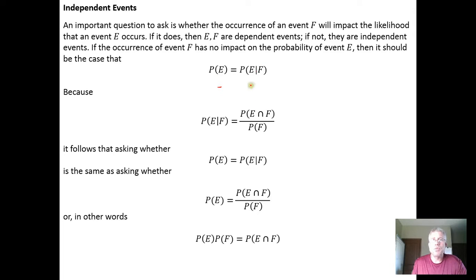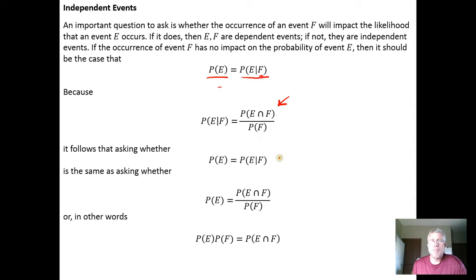Once we can internally justify the idea that if E doesn't depend on F, then the probability of E should equal the probability of E given F, we can say, from our previous video, that we established that the probability of E given F was the probability of the intersection of E and F divided by the probability of F. That was from our conditional probability video.